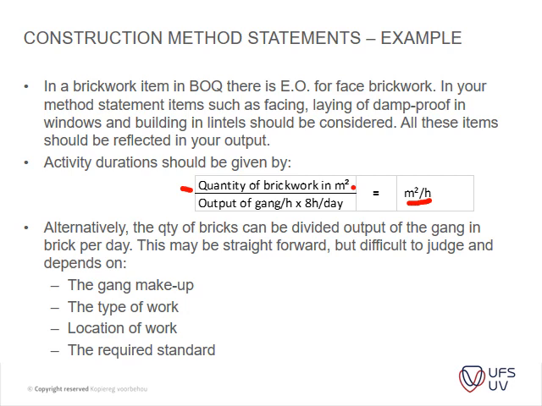Alternatively, the quantity of bricks can be divided out of the gang in bricks per day. This may be straightforward but difficult to judge and depends on the gang makeup, the type of work, location of work, the requirements, standards. So basically, in short, what they're saying is you can either calculate your output, say for instance, this gang can produce 1,000 bricks per day, or they can produce X amount of square meters per day.